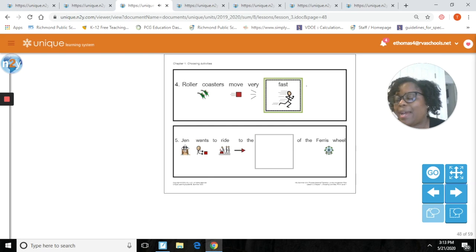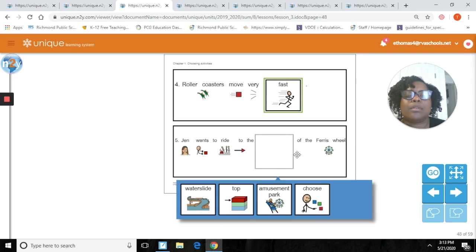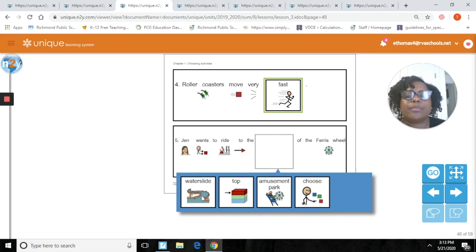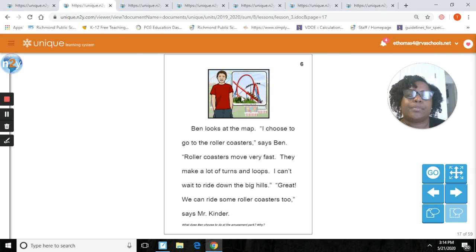All right, number 5 says, Jen wants to ride to the Ferris wheel, water slide, top, amusement park, or choose. Make a choice. Let's use our story to help us come up with the answer.